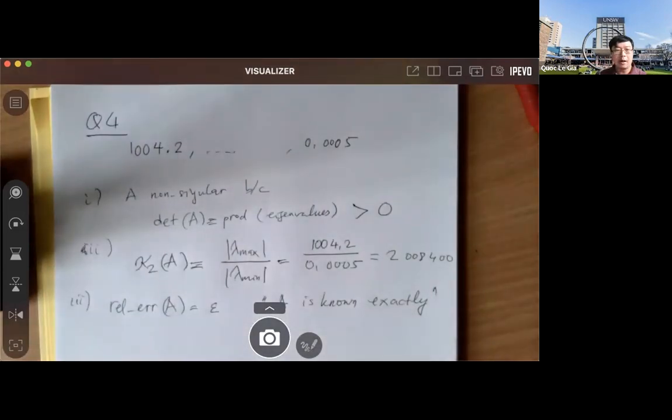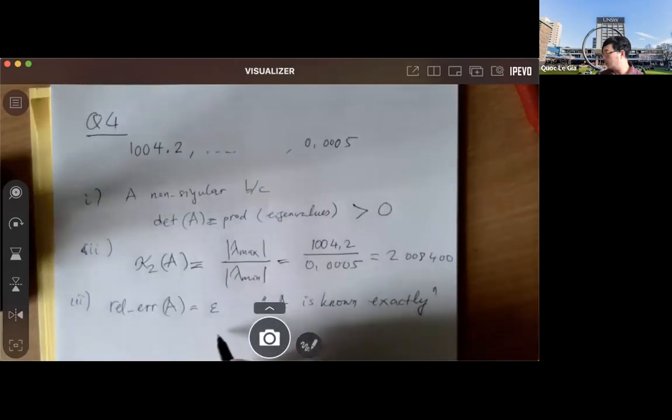So when we say matrix A is known exactly, then the relative error is just epsilon. Epsilon, remember, is 2.2 times 10 to the minus 16. So we have this. Okay.